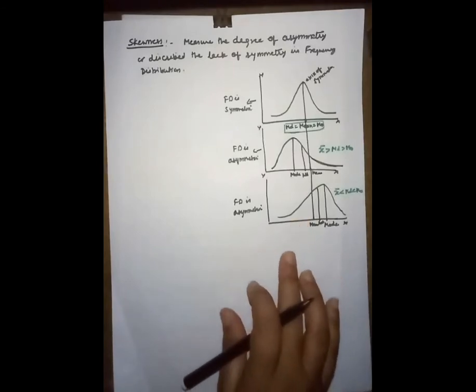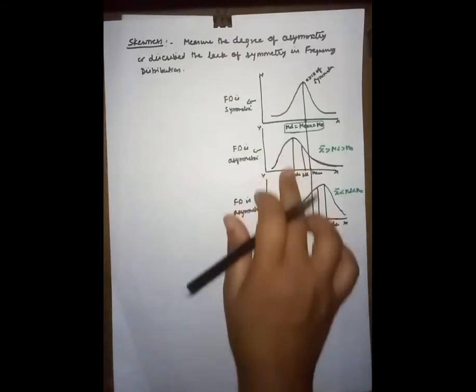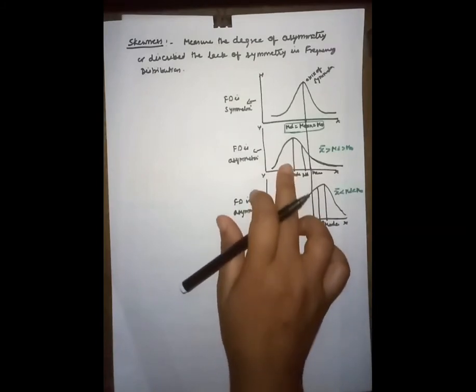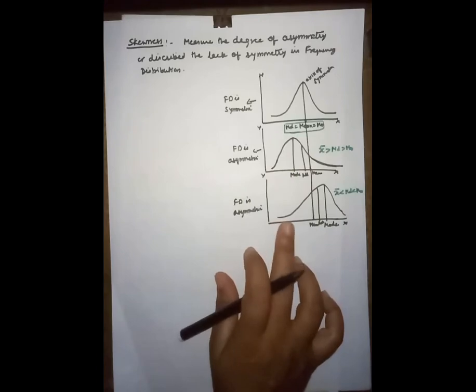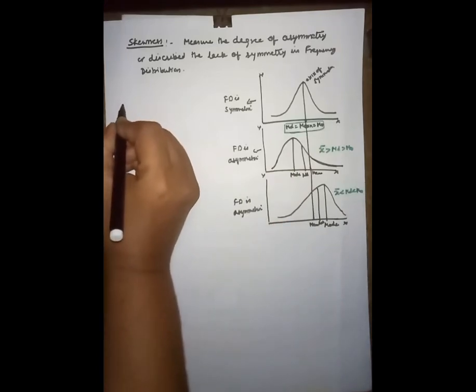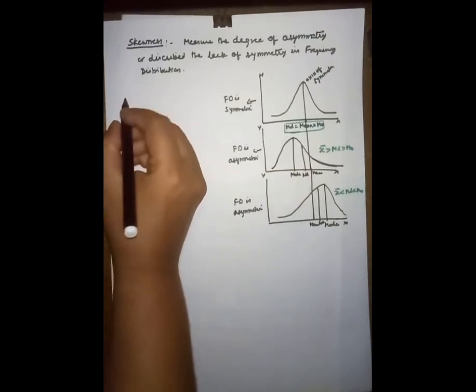So friends, asymmetry is of two types. First one is positive skewness and second one is negative skewness.